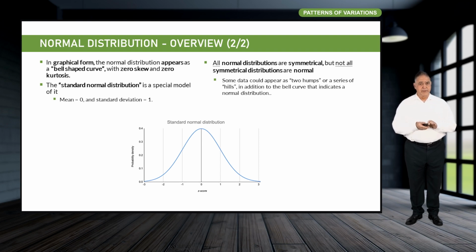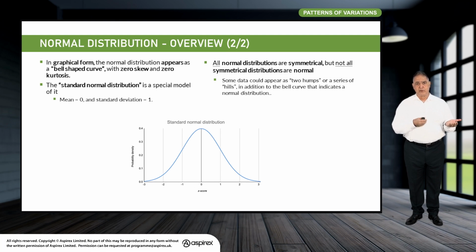This is the second time I repeat this, and it is obviously for a very good reason. You should remember that. Some data could appear as two humps or a series of hills in addition to the bell curve that indicates the normal distribution. So this differentiates the normal distribution from other symmetrical distributions.